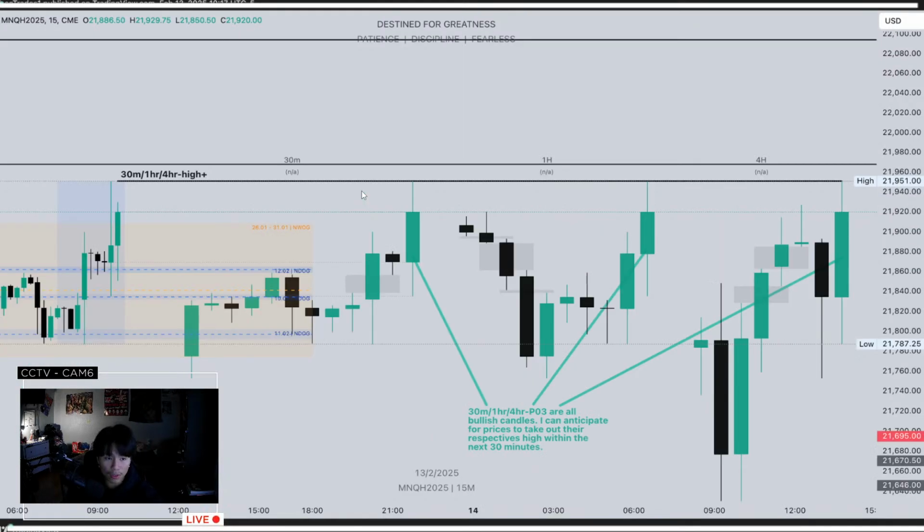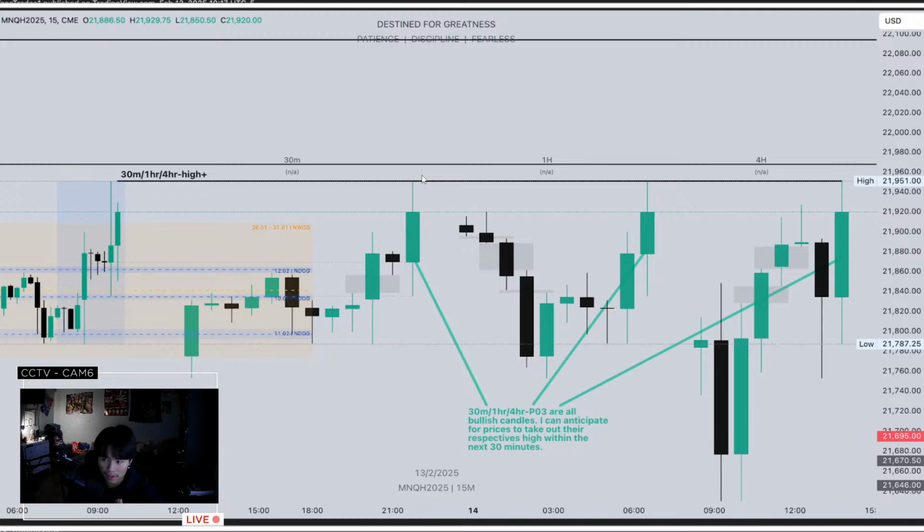So for me to align myself with this higher time frame objective, I go onto the hourly time frame, the 30-minute time frame, and the 15-minute time frame, and I notice the 4-hour high here is the exact same high as the hourly high and the 30-minute high.